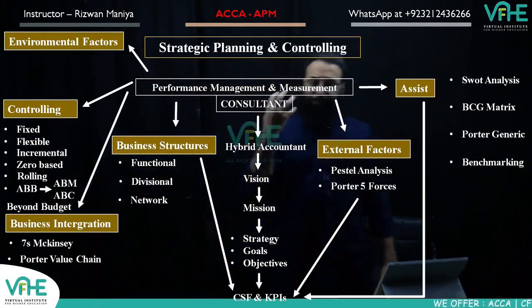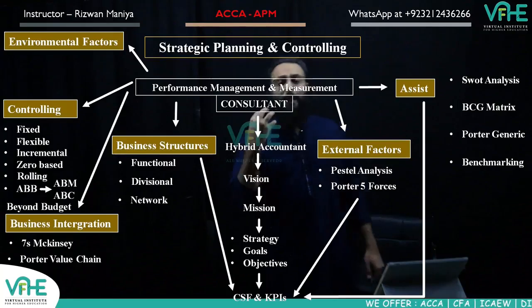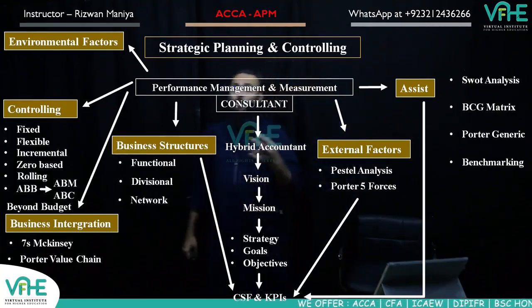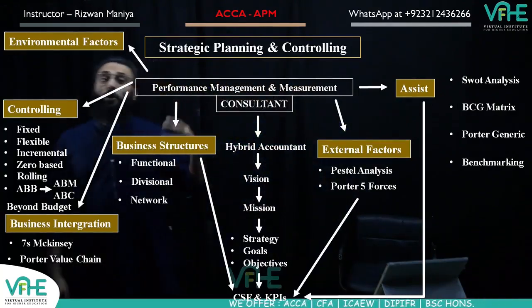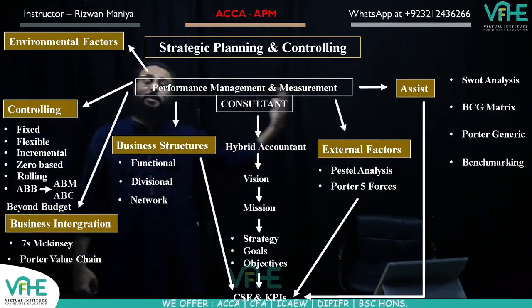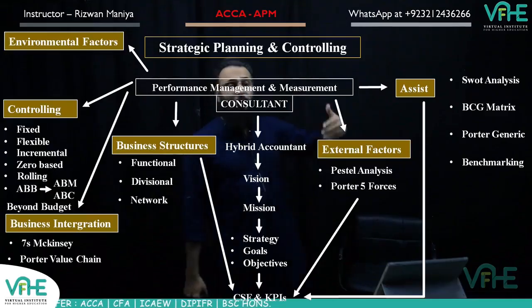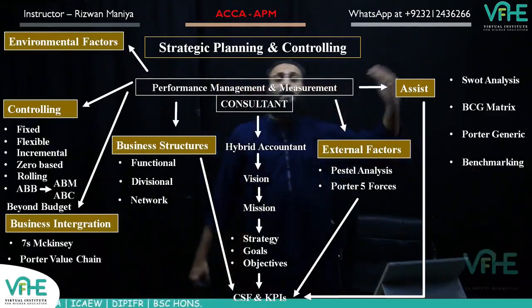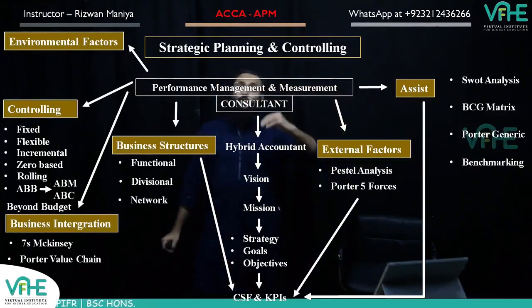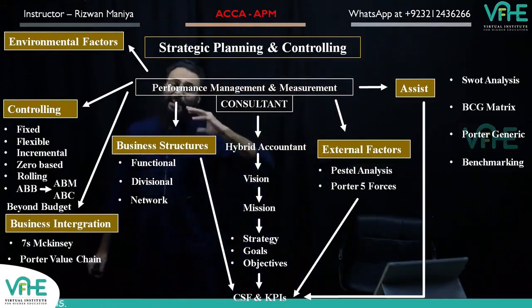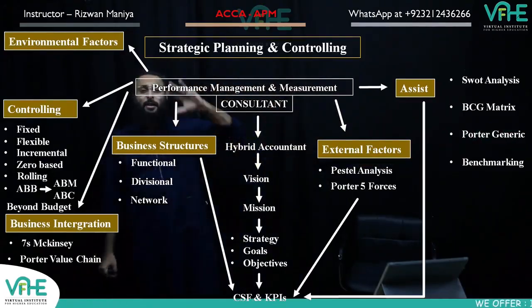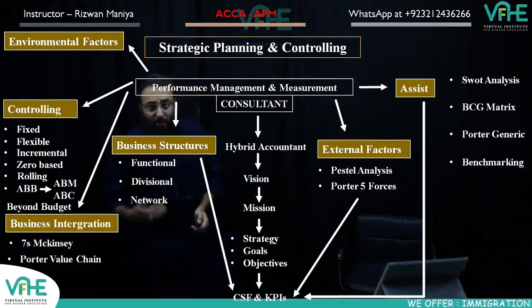So it is very important that your business must monitor the environmental factors through KPIs, key performance indicators: number of environmental complaints, number of penalties, number of fines, percentage of carbon emission. These are the measures that are useful to measure the environmental consequence.